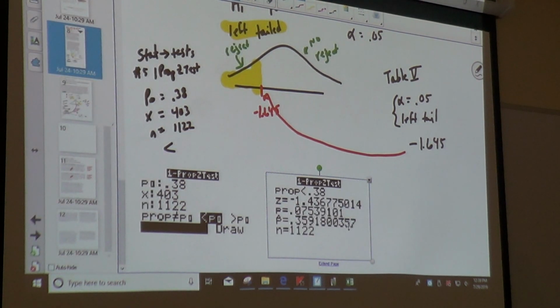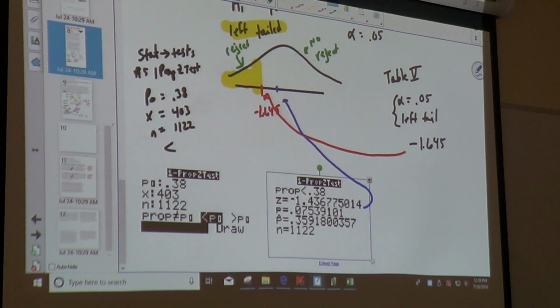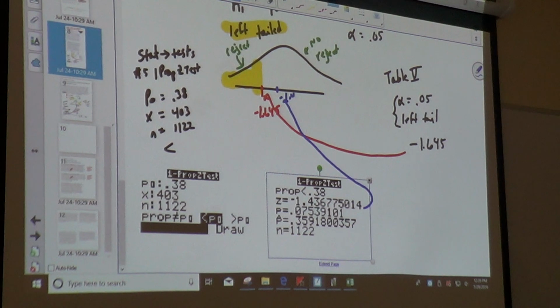It gives me my z, and my z is negative 1.436, and then my p would be the alternative method.